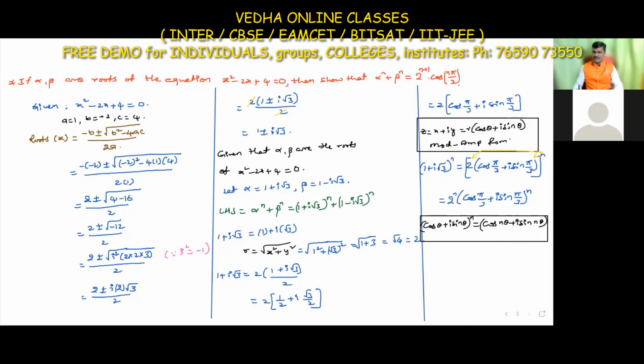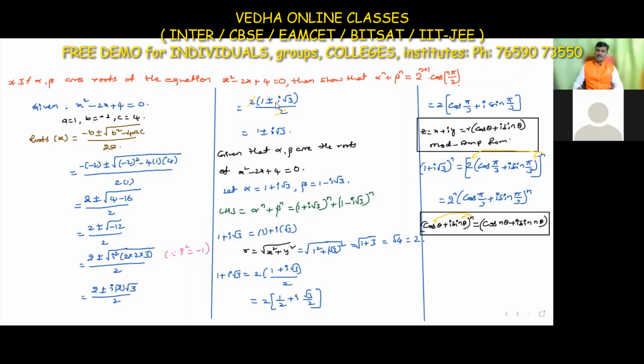This is the De Moivre's theorem, which we are going to use in this chapter. So according to De Moivre's theorem, the power we write in front of the theta.